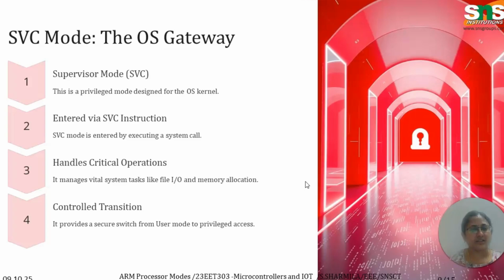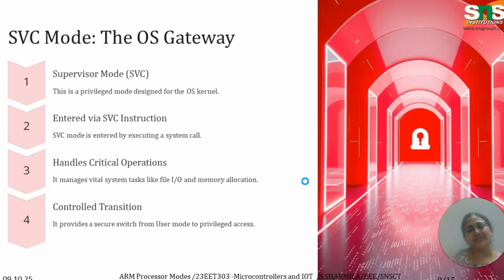This is done through a system call, which triggers a switch to supervisor mode or SVC. This is a privileged mode acting as the OS gateway. It handles critical operations like memory allocation and file I/O, providing a controlled and secure transition from the restricted user mode.